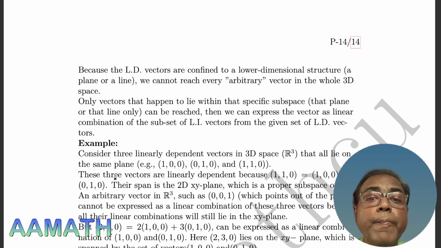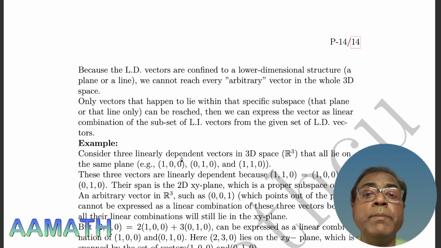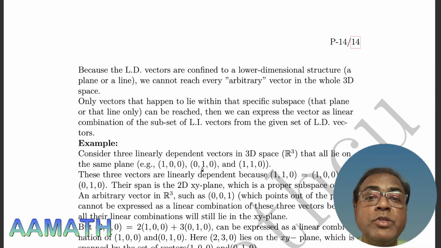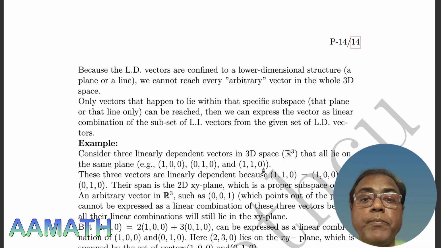Consider this example: three linearly dependent vectors, (1, 0, 0), (0, 1, 0) and (1, 1, 0). Here (1, 1, 0) equals (1, 0, 0) plus (0, 1, 0). So these three vectors are linearly dependent, and the vector (1, 1, 0) is redundant.